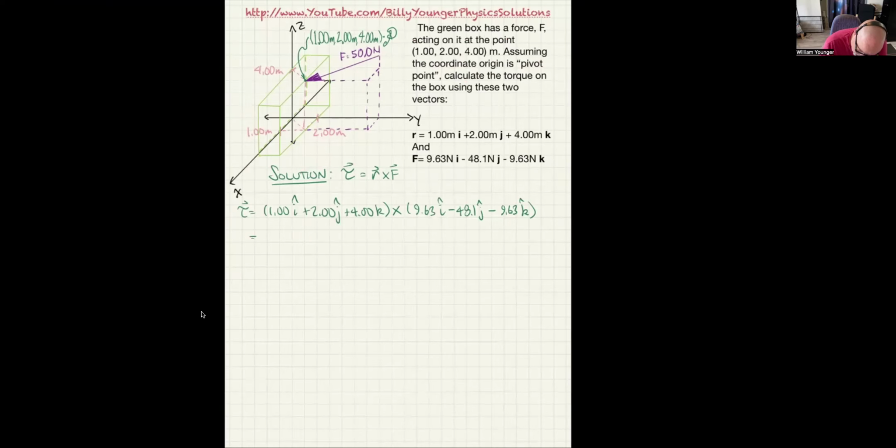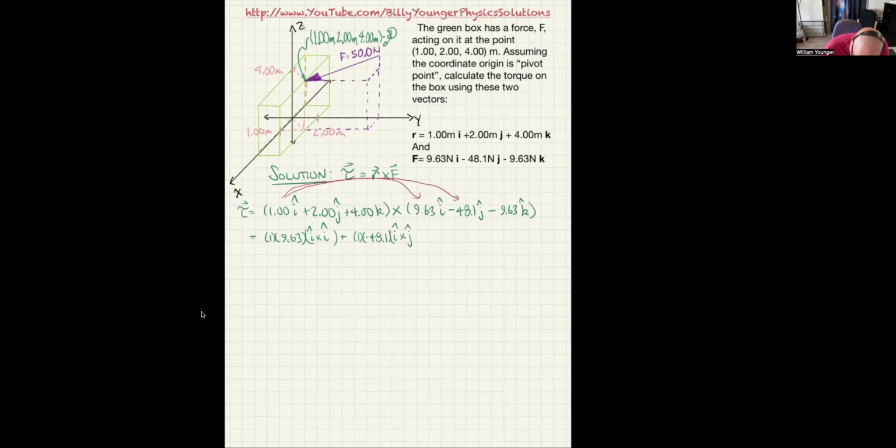If I first consider taking the first term and the first term, using the linearity of it, I get 1 times 9.63, and then it's i hat cross i hat. Now I do the next one, plus 1 times negative 48.1, and then it's i hat cross j hat.